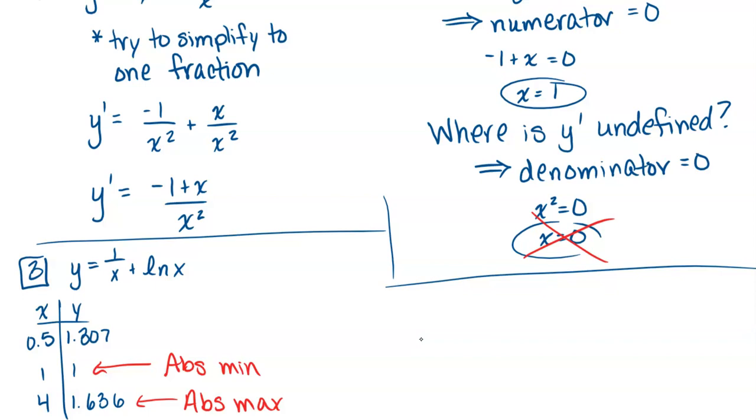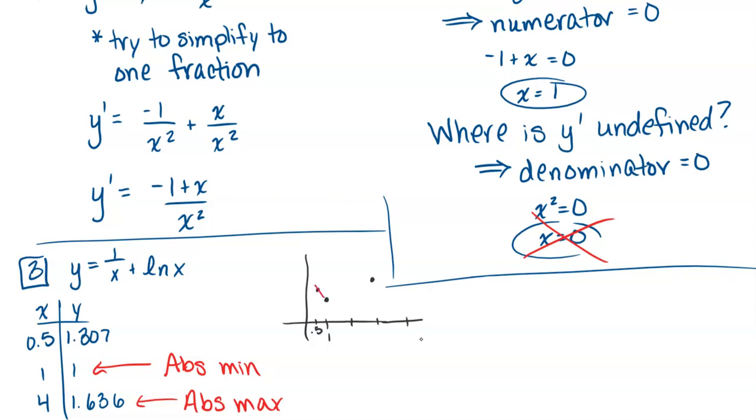This last option might be a relative maximum or a relative minimum, and in order to determine that, we just want to think about what this graph looks like. So here's 1. This is 0.5, 2, 3, 4. So we had 1, and 0.5 is a little higher than that. And at 4, we had a point that was also just a little higher than all that.